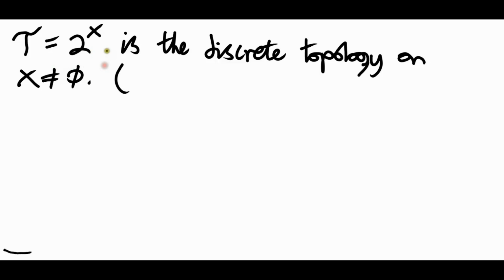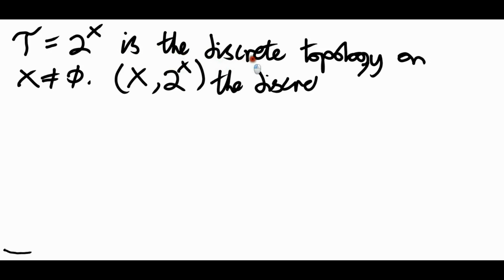So we call (X, 2^X) the discrete space. Of course, there are many discrete spaces, one for every set.